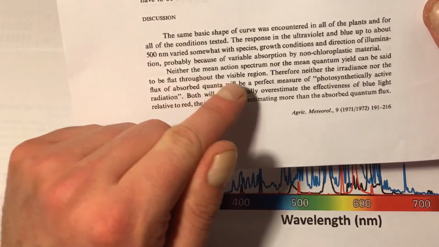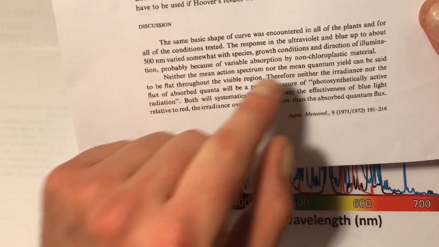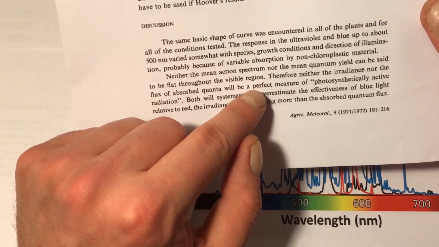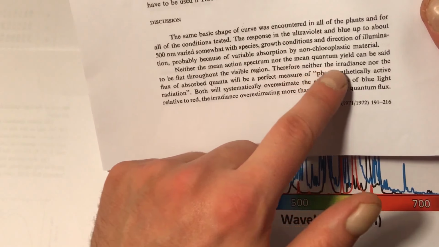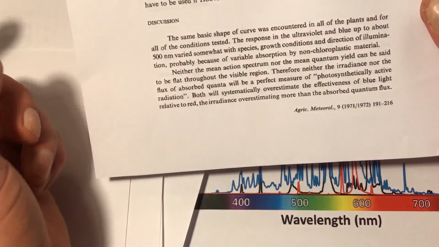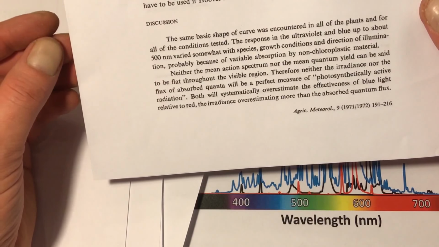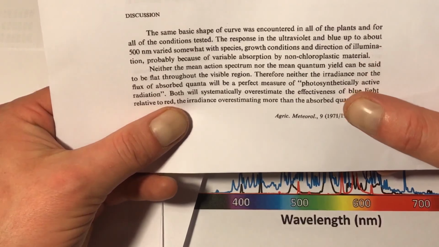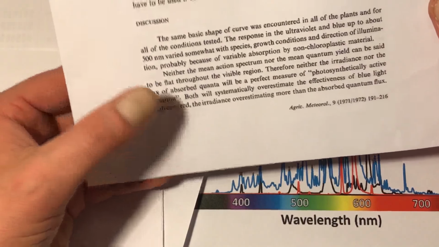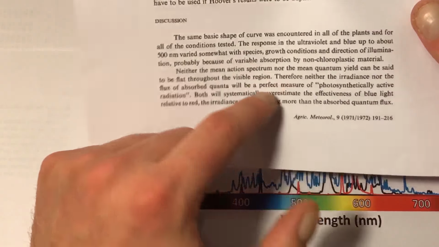So he says neither the action nor the quantum yield can be said to be flat throughout the visible region. So this is something he was trying to disprove. So the only conclusion he can make is that neither of them is a perfect measure of the PAR, and both, as a result, will overestimate the effect of blue light relative to red. The wording of this isn't very clear exactly what he means by that.